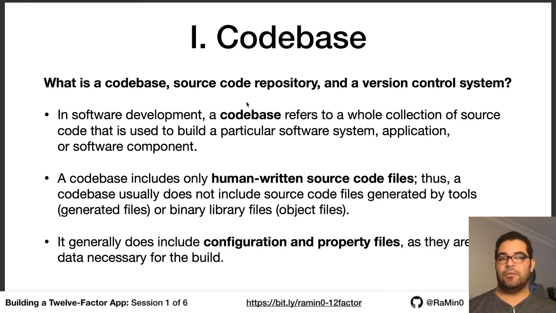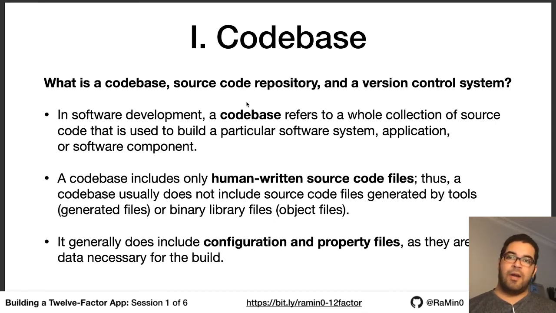You should include whatever is written by humans as source code for your app's logic or business logic. But when it comes to tools, maybe you include a README file that tells exactly how to get a handle on these tools. But you should not, as much as possible, include them unless it's extremely necessary.